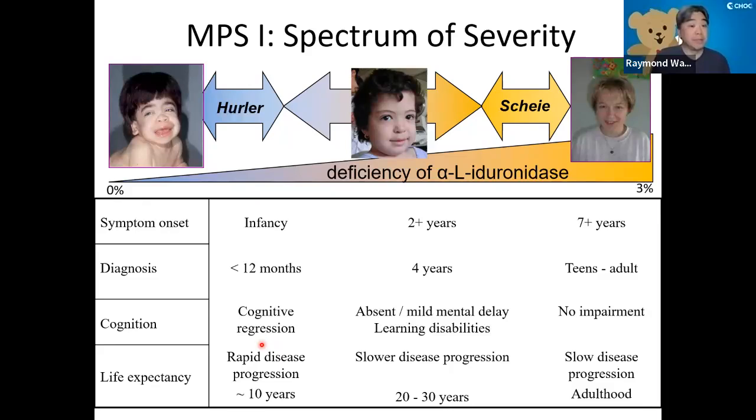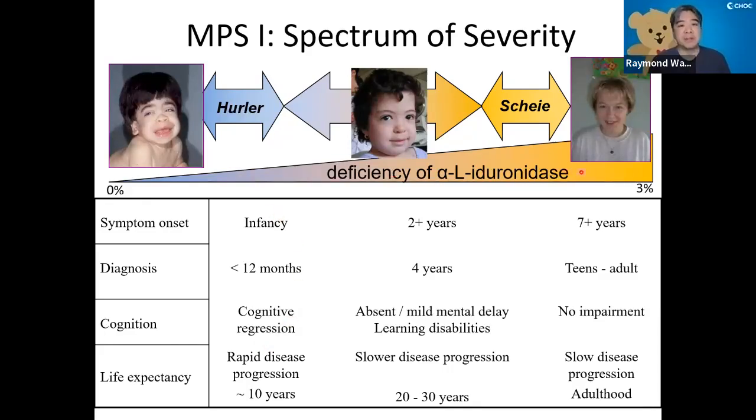There are some states in the United States and countries which are doing newborn screening for Hurler syndrome, or MPS 1, which allow for identification and diagnosis even in the neonatal period, which can result in initiation of therapy and such.